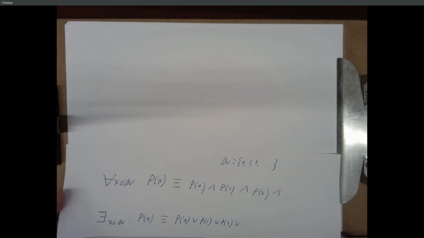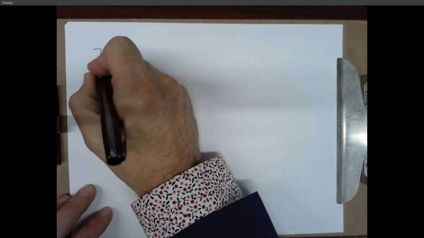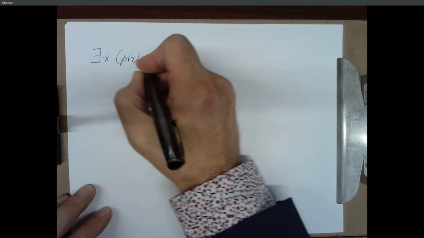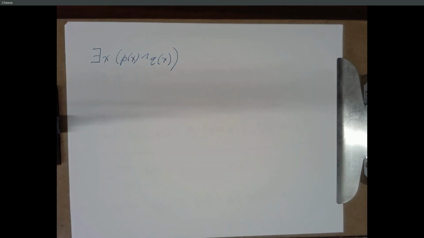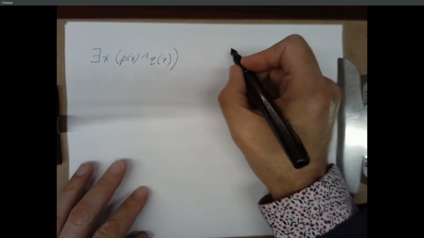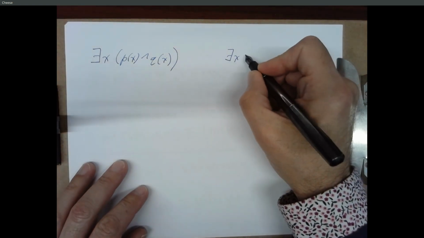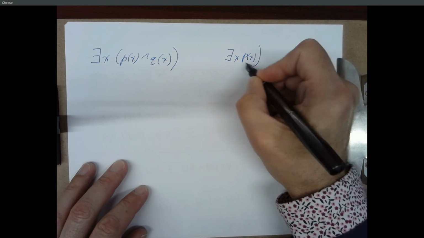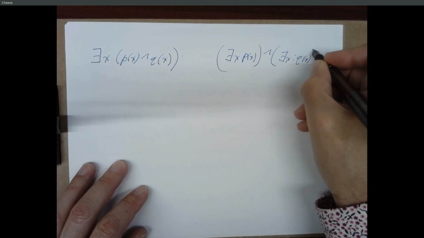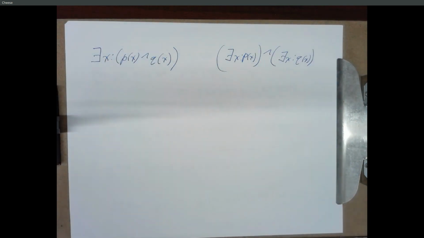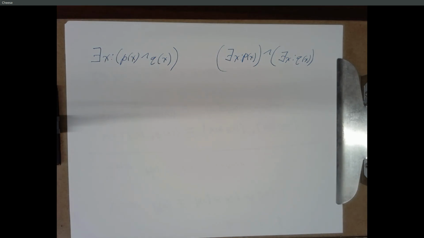What's the other one we need? There exists an X such that P of X and Q of X. So on the left side there exists an X such that P and Q. On the right side, we have two existential statements.